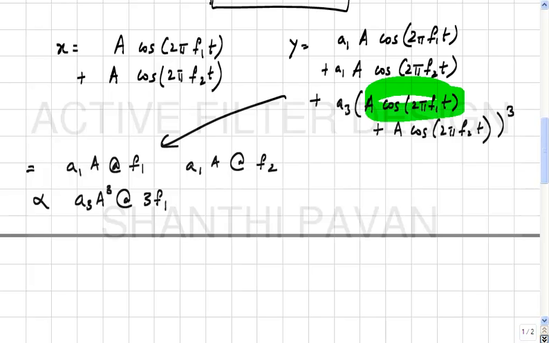Similarly, the whole expression is symmetric with respect to F1 and F2. So, if there is something with amplitude A3 A cube at 3 F1, there will also be A3 A cube at 3 F2. Now, what happens to the cross terms?